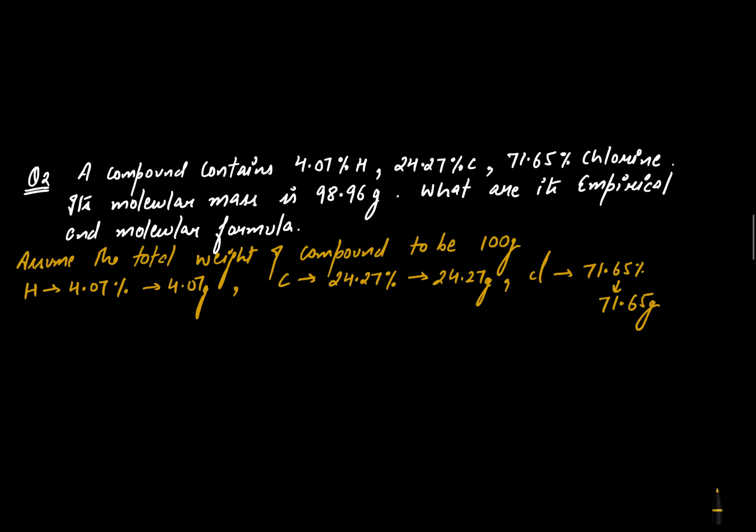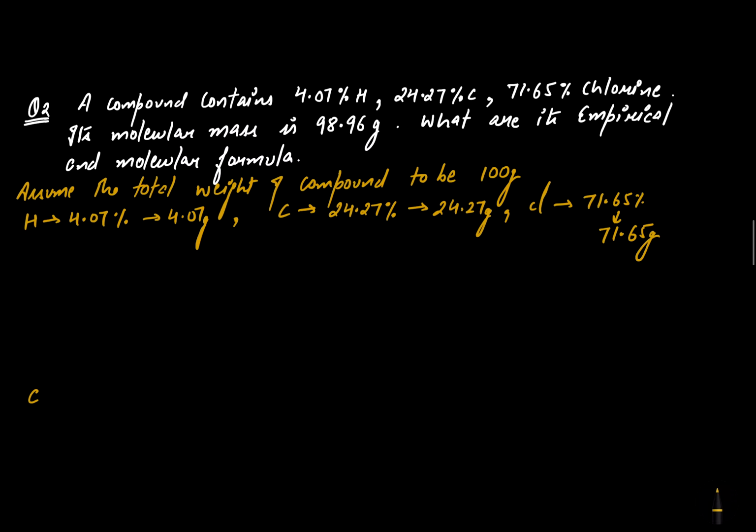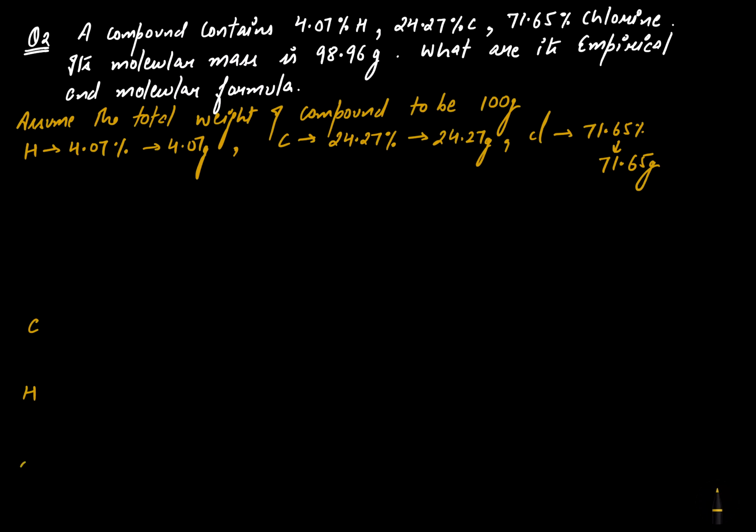So I'm writing carbon, hydrogen, and chlorine. What are their given weights according to the question? Carbon is 24.27 grams. What's hydrogen?